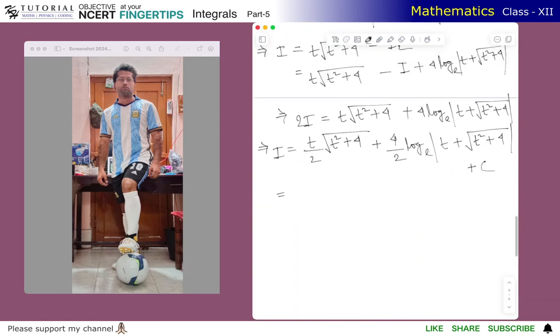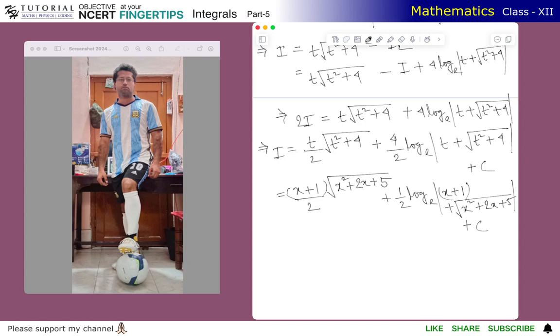So this becomes (x plus 1) by 2 root over x square plus 2x plus 5, plus half log of x plus 1 plus root over x square plus 2x plus 5, plus c. So this is the final result.